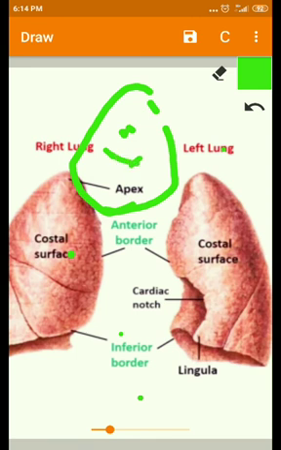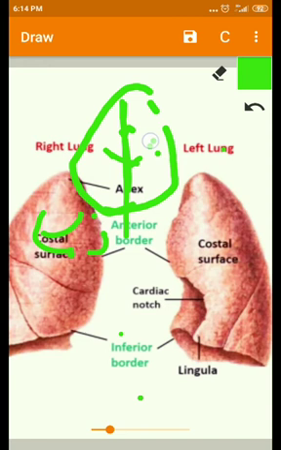The mediastinal part, or medial surface, is divided. I have turned this laterally, so this becomes posterior now. The posterior part is called the vertebral part because it is very near to the vertebral column.